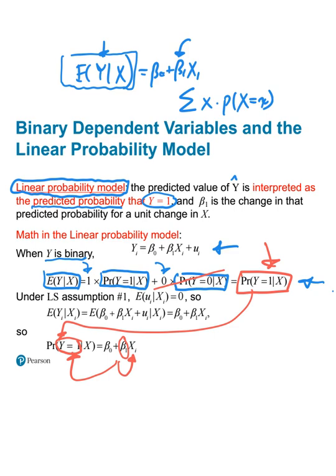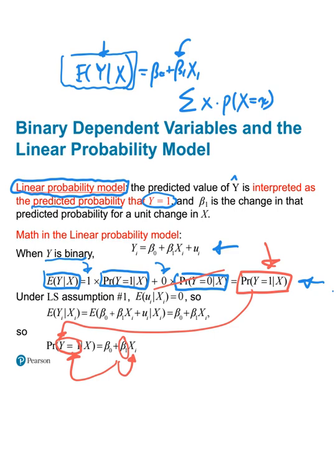We talked about the mortgage example. Let's say we're talking about getting into the school of your choice. One of our independent variables could be whether or not you volunteered, which is a binary independent variable. And let's say the beta 1 coefficient on whether or not you volunteered is 0.3.